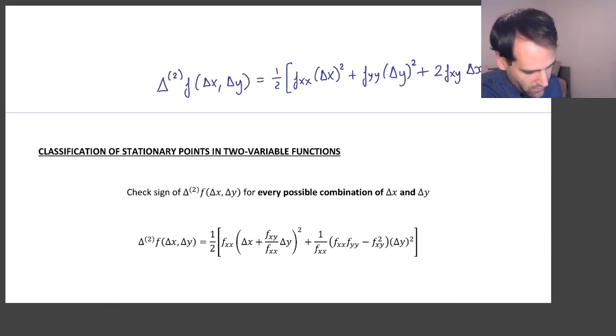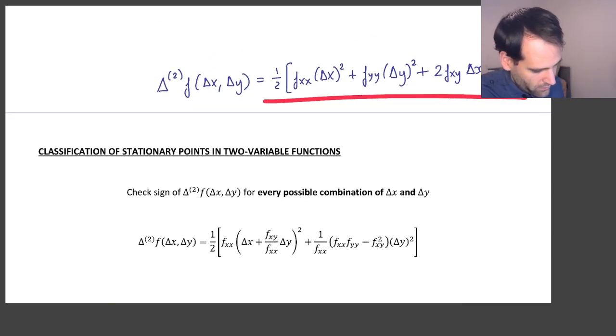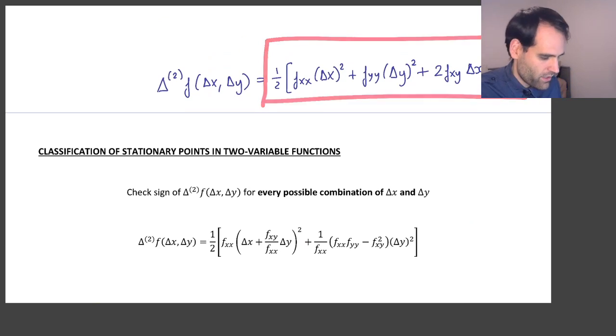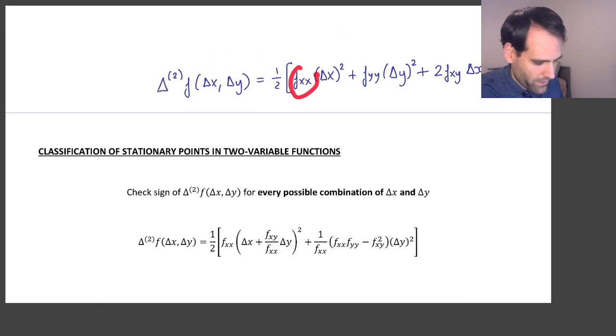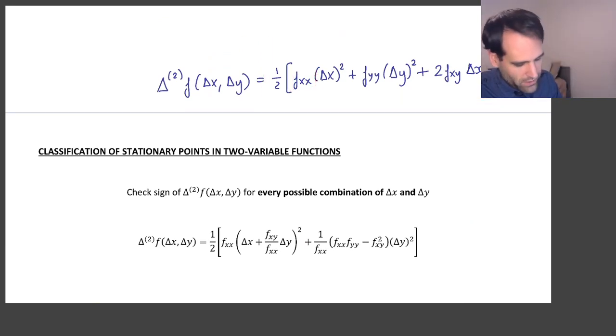Starting from the expression for the second order correction term in the Taylor expression, so I have written it using the notation fxx instead of using partial f dx squared. Yeah, I have written it using the subscript x twice.